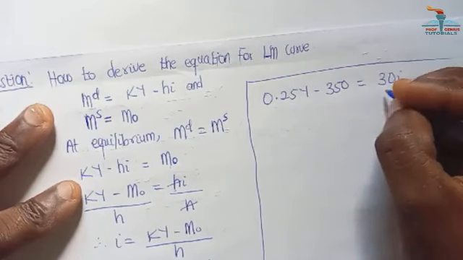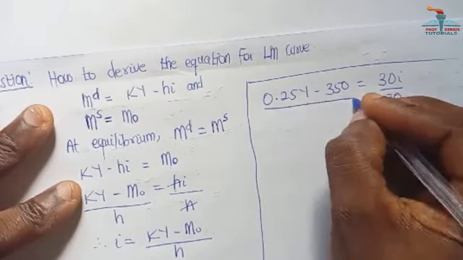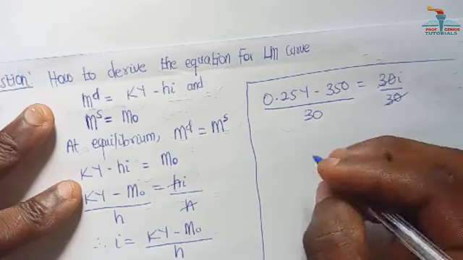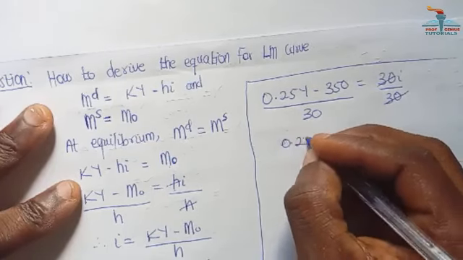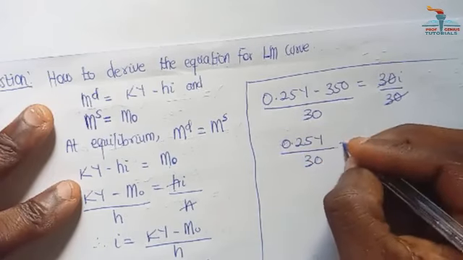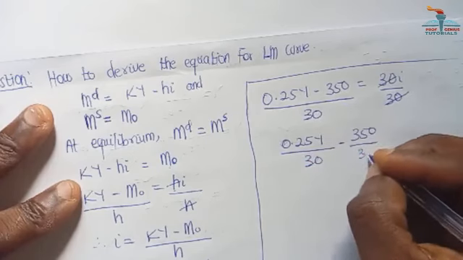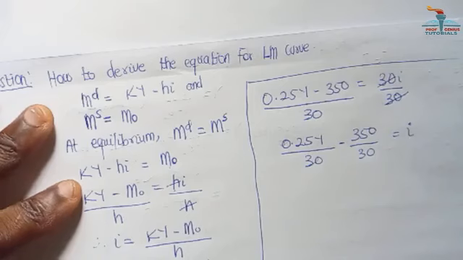Dividing both sides by 30, this one cancels 30. So this is the same as 0.25y over 30 minus 350 over 30, which is equal to I.